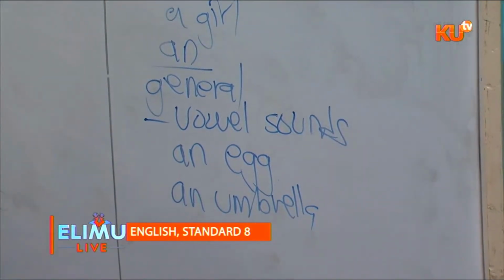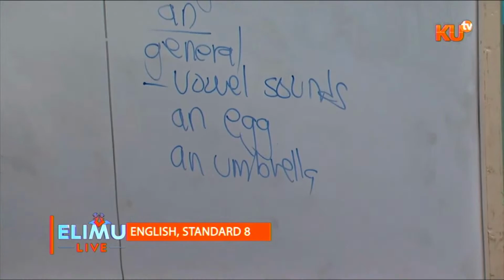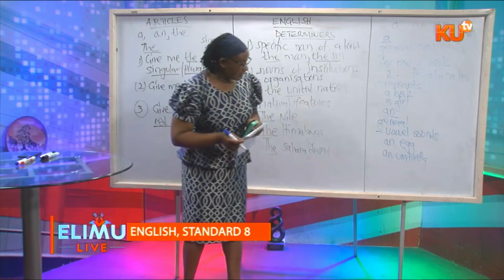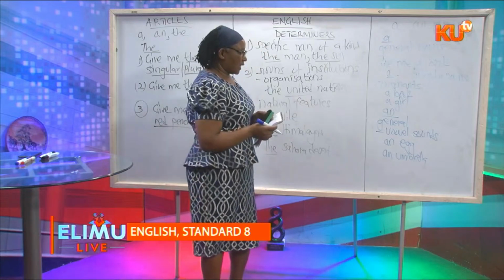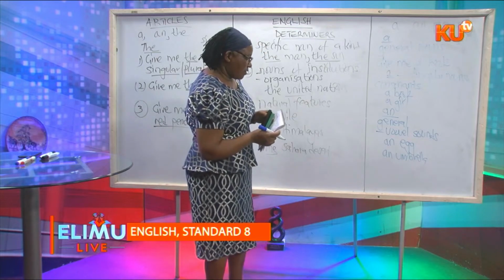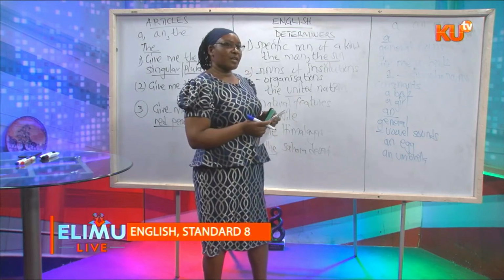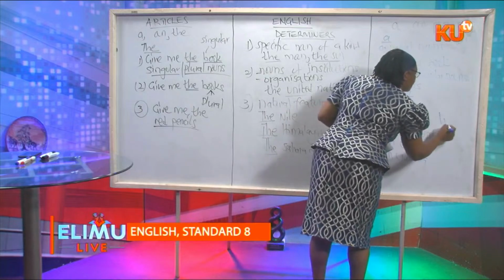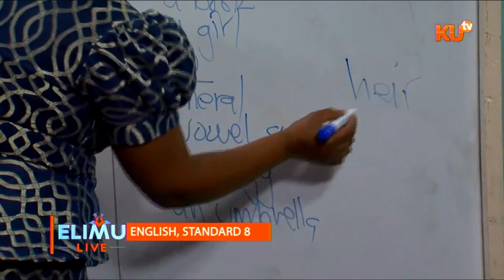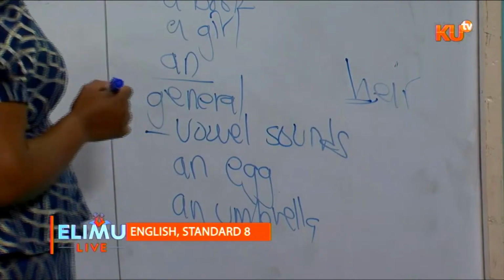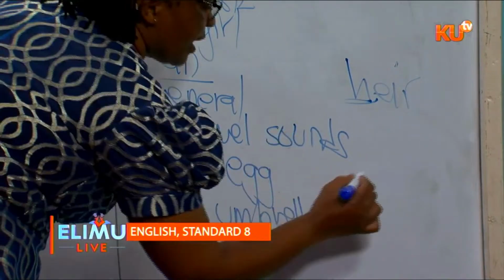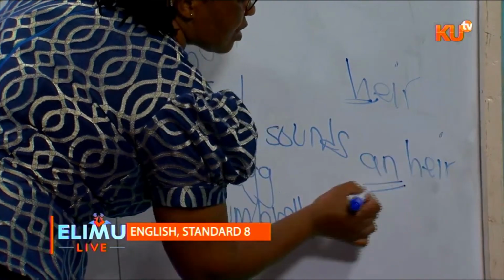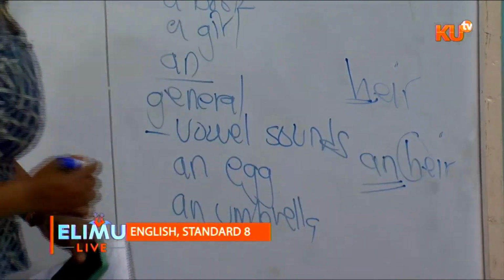And apart from that, it is also used with some of the words that start with consonant sounds but have the first letter, which is a consonant, being silent, like the word hour. You find that the H there is silent, so you will say an hour because this is a silent H.